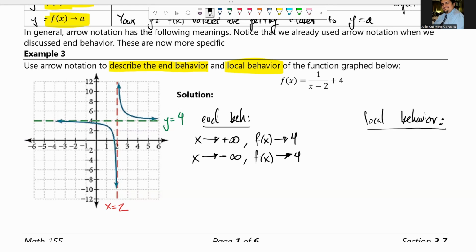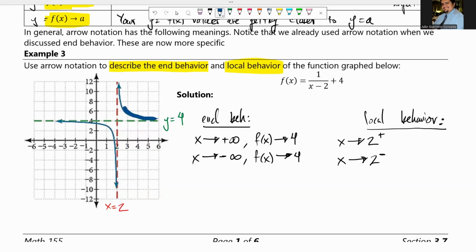What we want to do is x approaches 2 from the positive side, and x approaches 2 from the negative side. We have two ends here that we need to describe. The first is what's happening when x approaches 2 from the positive side. We are trying to get closer and closer to x equal 2 on the graph.